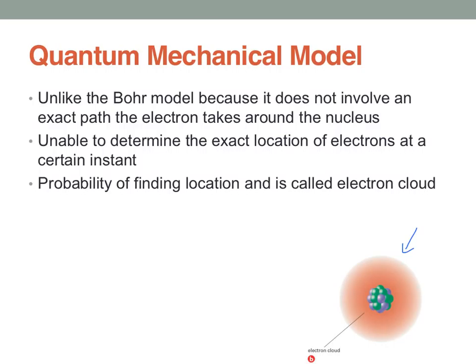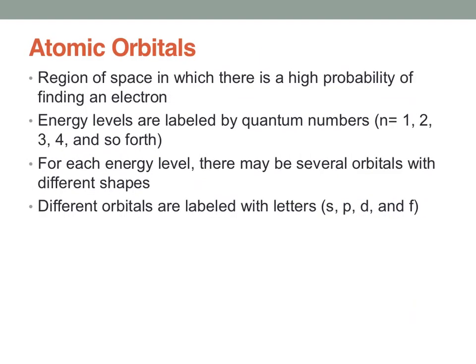We call that the electron cloud. So we really only have a probability of finding it. We don't know where those electrons are at any given moment, depending upon how much energy they're absorbing or giving off. What we do know is there's a region of space where there is a higher probability of finding an electron.